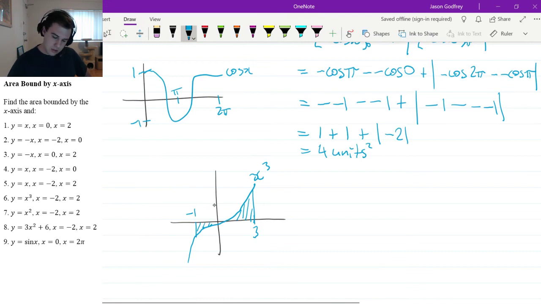So for this one, for example, you'd want to break it up into from negative 1 to 0, and then integrate from 0 to 3.